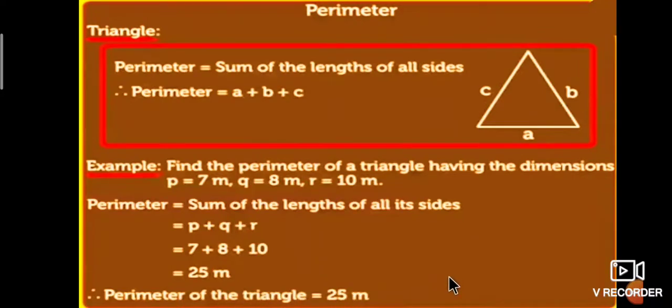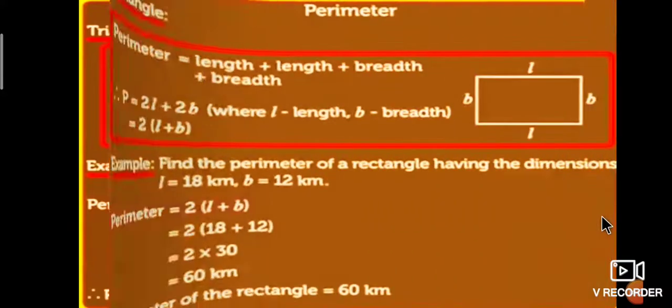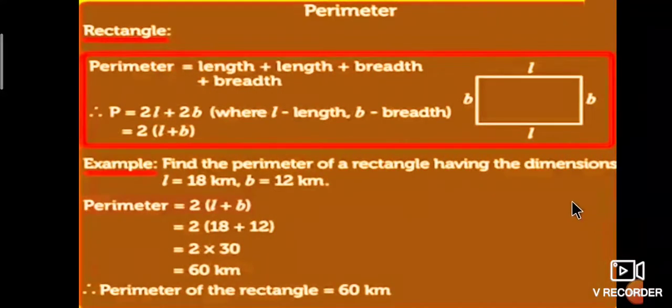The perimeter of the triangle is 25 meter. The SI unit of perimeter is meter, or centimeter, inches, etc.